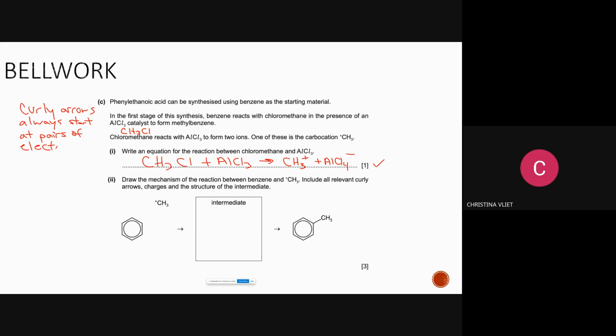And in this structure, the pair of electrons has to be coming from the pi electrons in benzene. So that's where we start the curly arrow. So we do that to CH3, we get this. And then we get CH3, and you should write the hydrogen there.